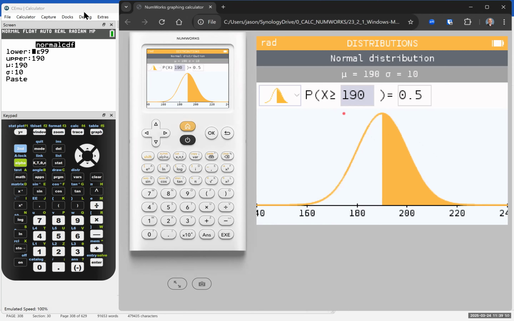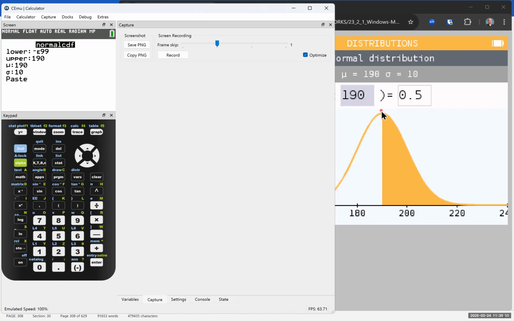So what we need to do is change these values to be a lower bound of 190 that has an upper bound that goes off to positive infinity. So we need to put E99, E99, like that. And then if we go down to paste and hit enter, you can see that that's essentially 50%. I don't know why it's off a little bit there at the end, but it should be exactly 50%.